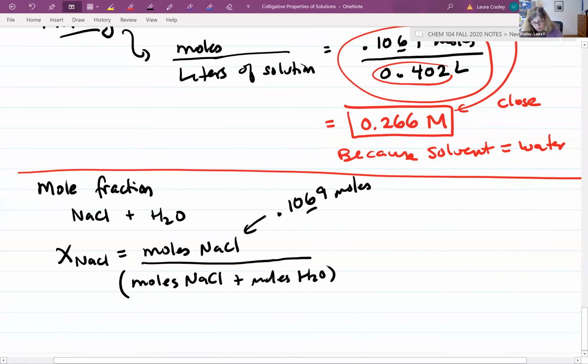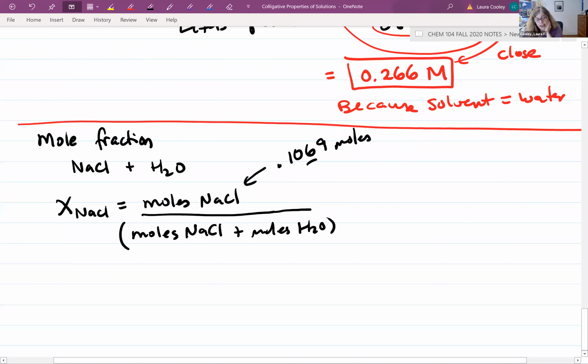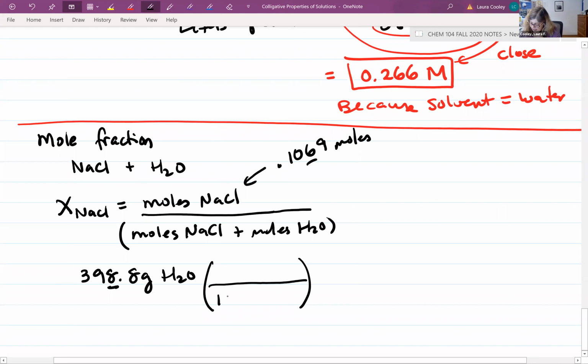Okay, but we need the moles of water. So we have to know the grams of water. It was 398.8 grams of water, and the molar mass is 18.016 grams per mole. I don't want to use fewer sig figs than the numbers here, so I want to use at least 3.